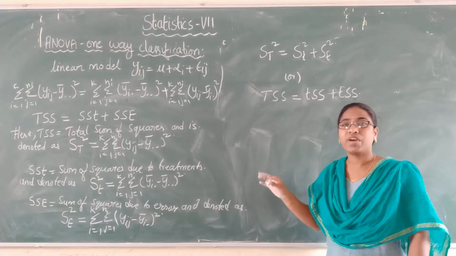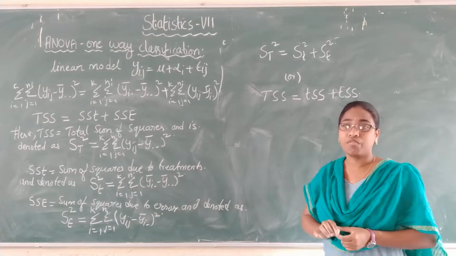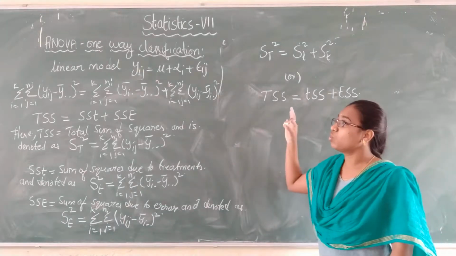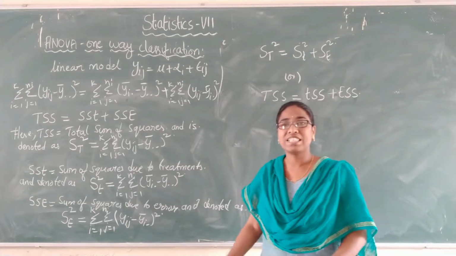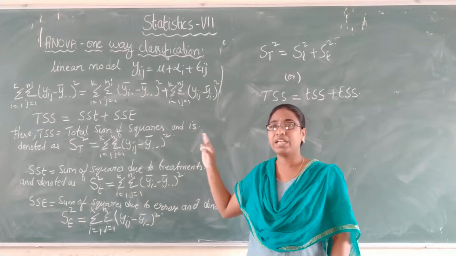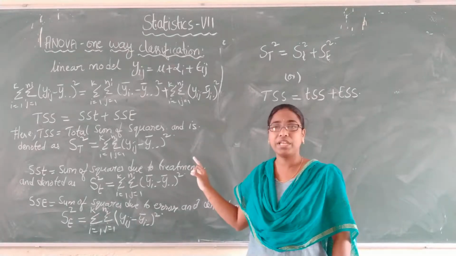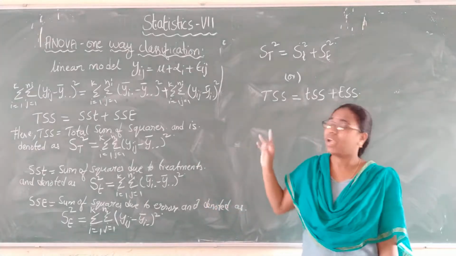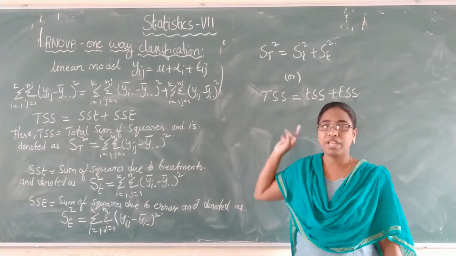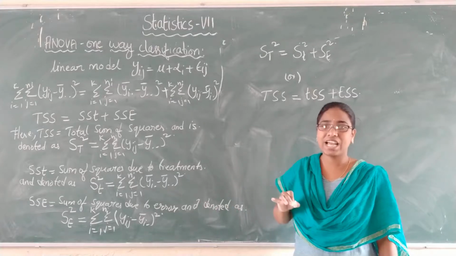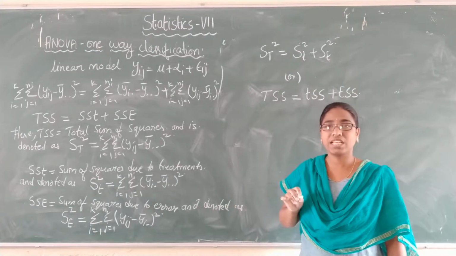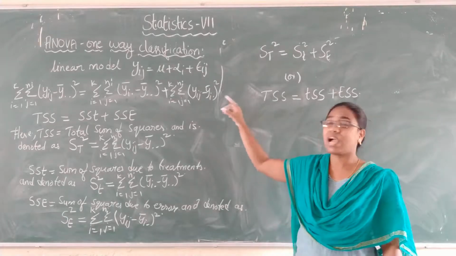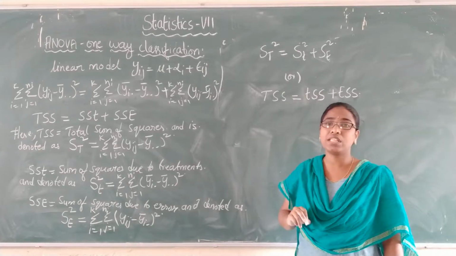Next we will be finding the degrees of freedom and also the mean sum of squares. The total ANOVA statistical analysis has different parts. We have completed up to about 70% of it. Remaining you still have more. Till now we have written the linear model. We have performed the statistical analysis, which means we have written the null hypothesis. Next we estimated the parameters in the model.